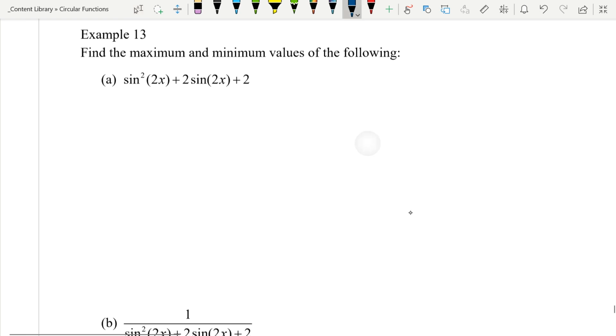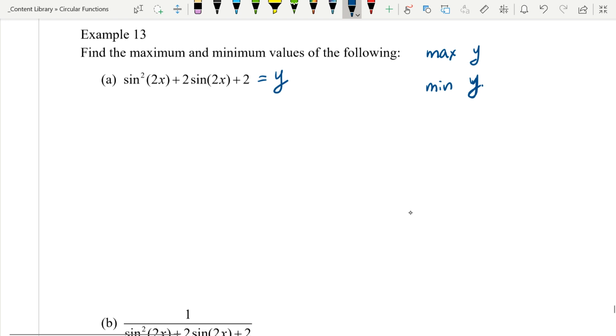If I give the name y, so this function is y, I want to find the maximum value of y and the minimum value of y. It is sin squared 2x plus 2 sin 2x plus 2. What kind of function is this very close to? Quadratic.